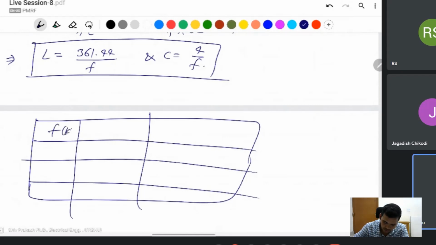Frequency in kilohertz, L and C. Dividing by 100, I think 3.6 millihenry, and this one is 40 microfarad.